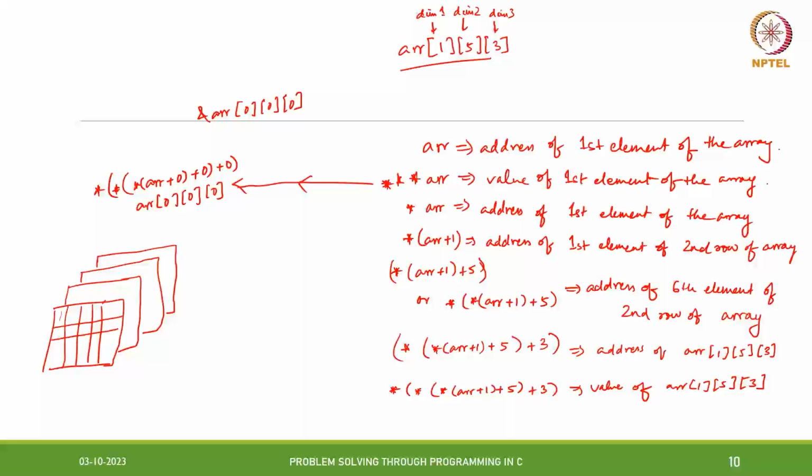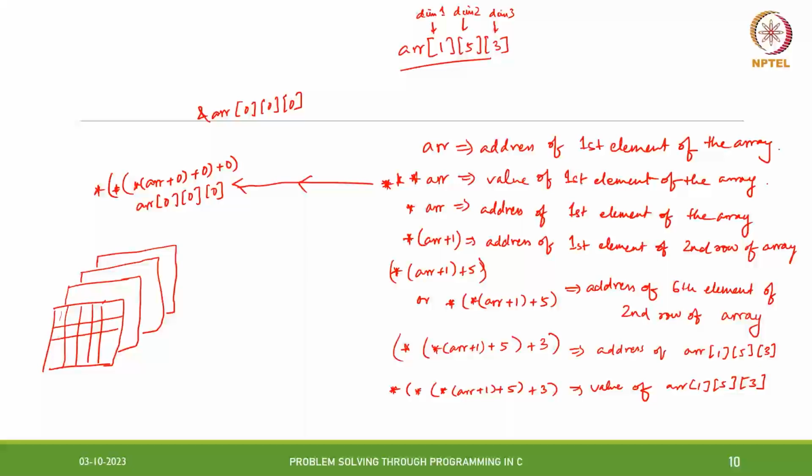Okay, and I am pointing to that element in the first sheet. There are multiple sheets like this behind it, that is into the screen, say. Okay, so I am in the first sheet, in the second row and the sixth column. By writing this expression, I am pointing to the address of that.